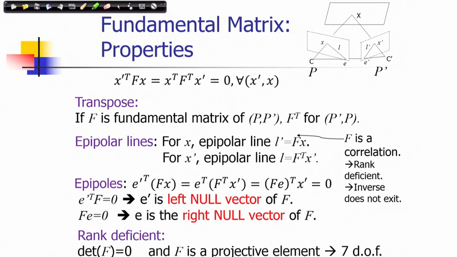You can check with any other relation, that would be the case. So this is one constraint: there is a scale factor. F has 9 elements, and this reduces one parameter. The other thing is that it is rank deficient, its determinant is 0, which is the second constraint.